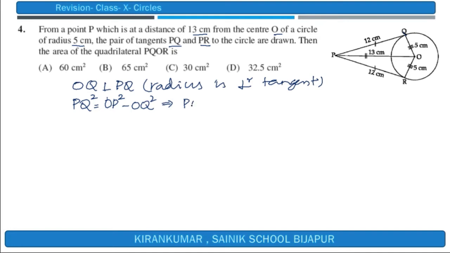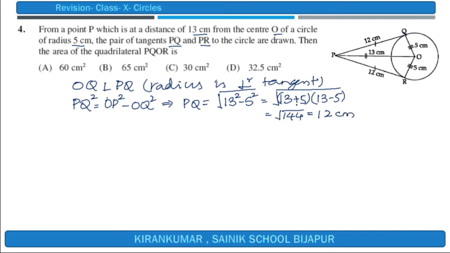So this implies that PQ is root of 13 square minus 5 square, which is root of (13 plus 5) into (13 minus 5). 13 minus 5 is 8, and 13 plus 5 is 18. So it is root of 144, which is 12. So the length of PQ will be equal to the length of PR, which is 12 centimeters.